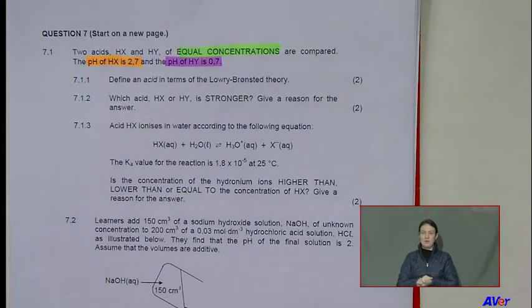Now, grade 12s, let's first look at that information. You know that a strong acid will ionize completely, which means it will form a high concentration of hydronium ions in solution, correct? And a weak acid, low concentration of hydronium ions.